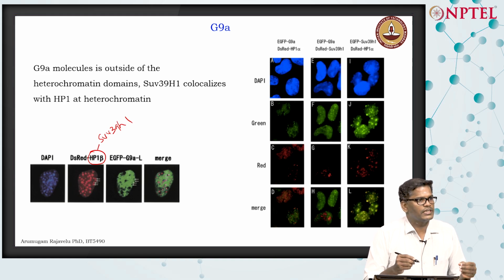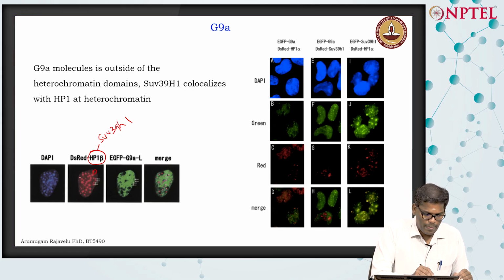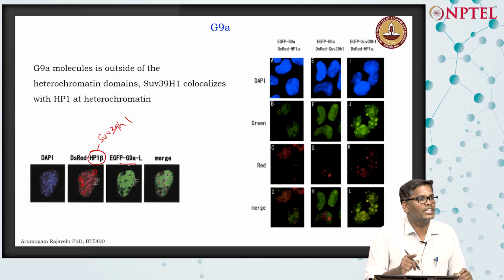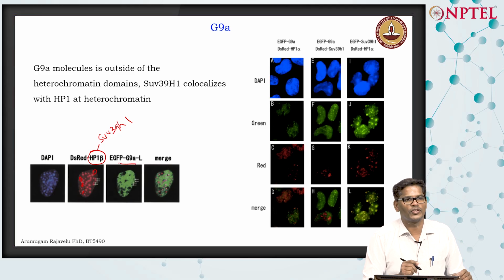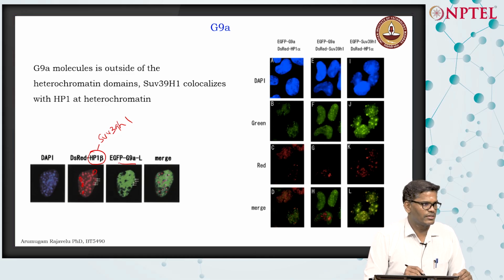So that means it is heterochromatic, spotty localization. You see there is spot localization, whereas G9A is not. That is why it is named a euchromatic methyltransferase. You see, this is not spotted; it's distributed throughout the nucleus. It's very clear. And whereas this is distributed only in spots.